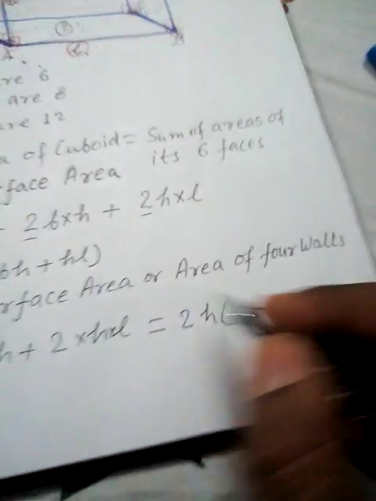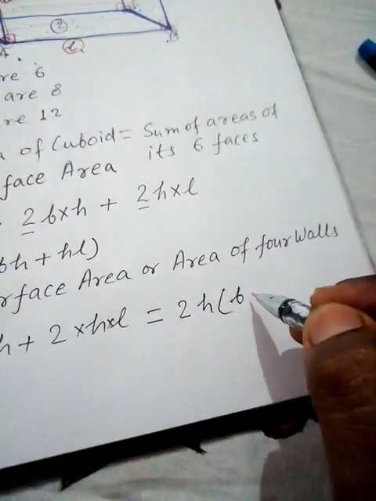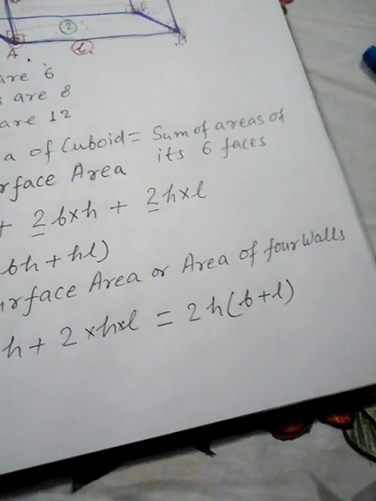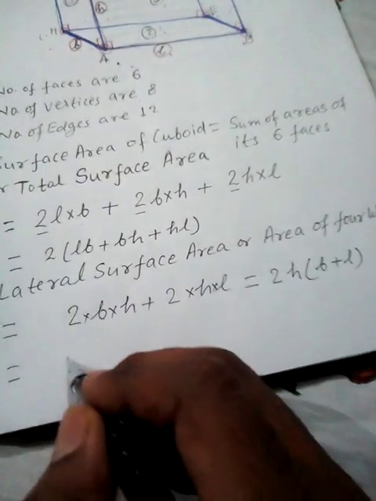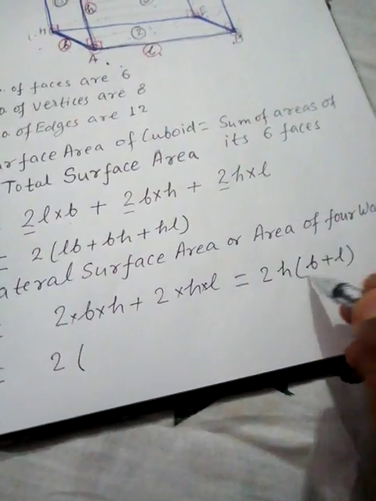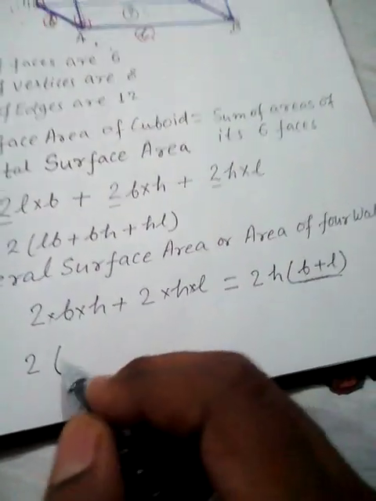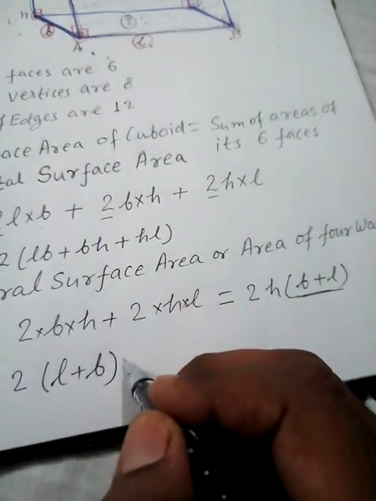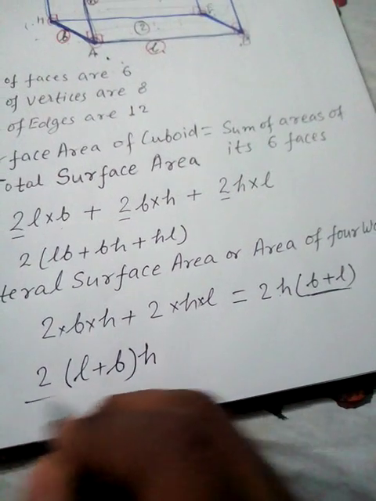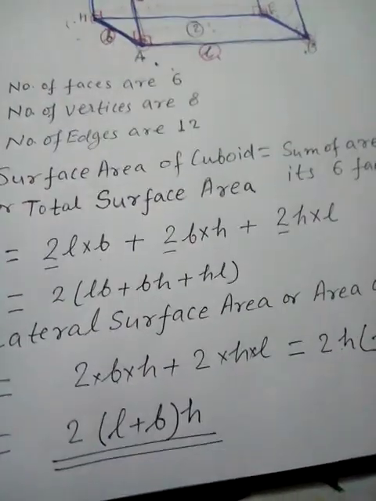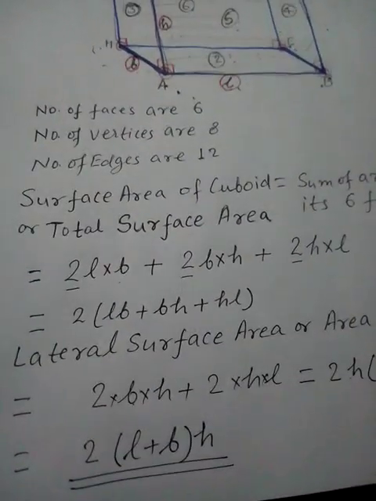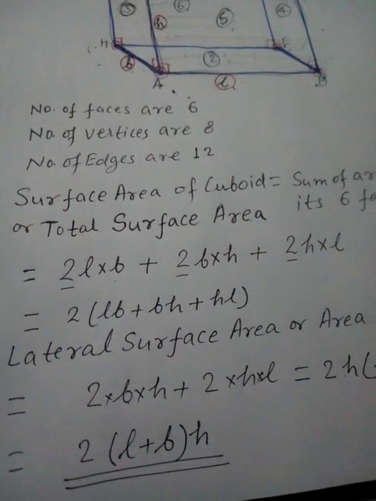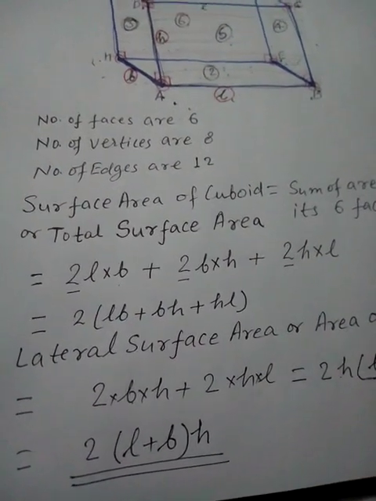So this is B and this is L. You can also write it as 2 into (L plus B) into H. So this is the area of four walls and the lateral surface area of a cuboid.